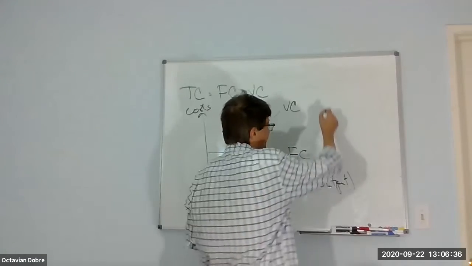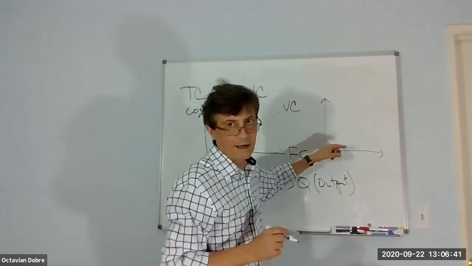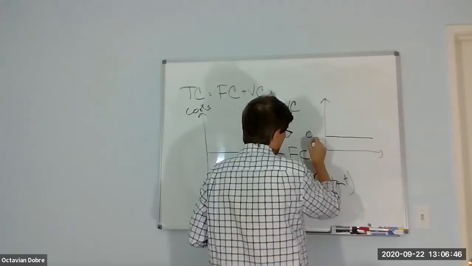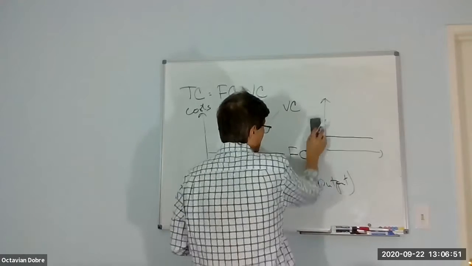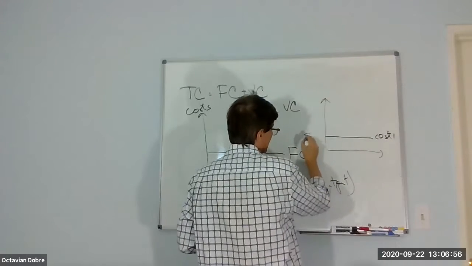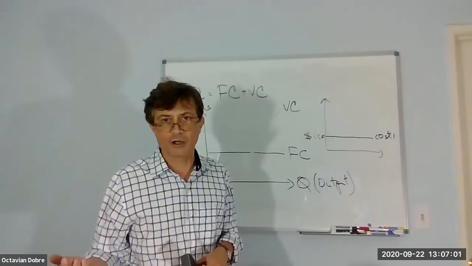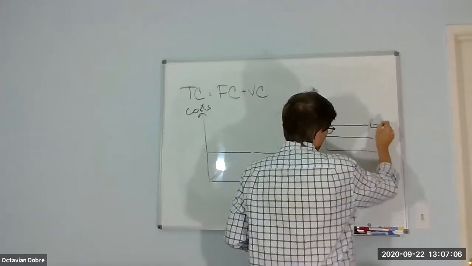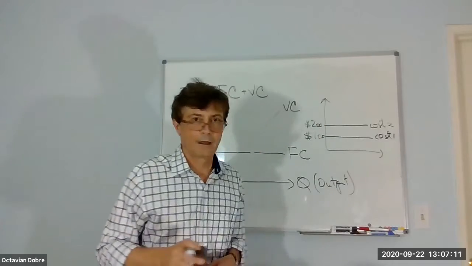Imagine that here on this side I have one cost. Let's call it cost 1, and it looks like this. Cost 1 is equal to 100. And then I have another cost, cost 2, and that one is equal to 200.